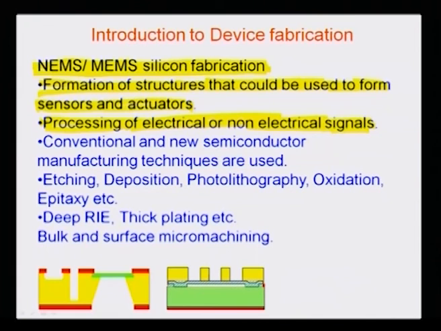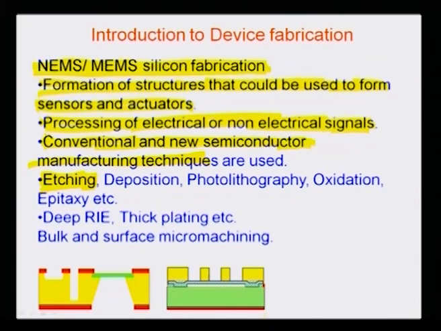And for production of these you have to use some conventional and some new semiconductor manufacturing techniques in the MEMS region. Some of these manufacturing techniques could be something like chemical machining, like etching. It could be gas based or based on some chemicals.